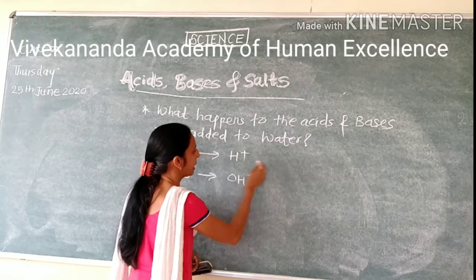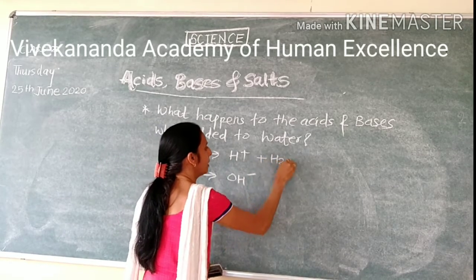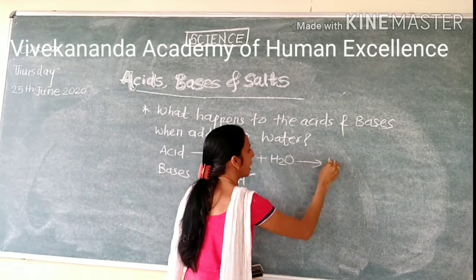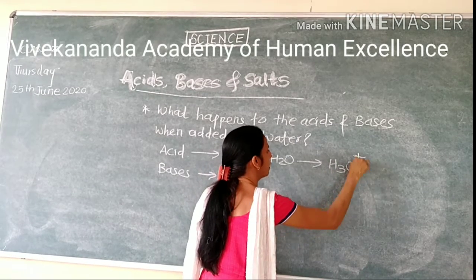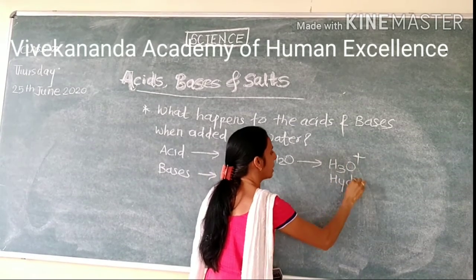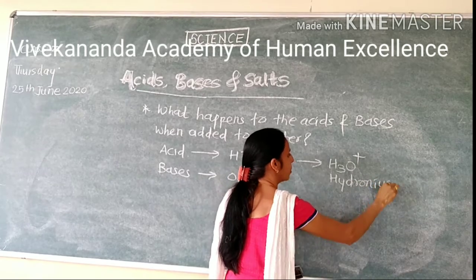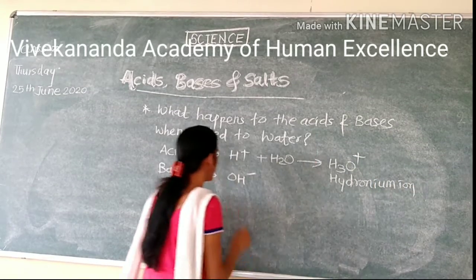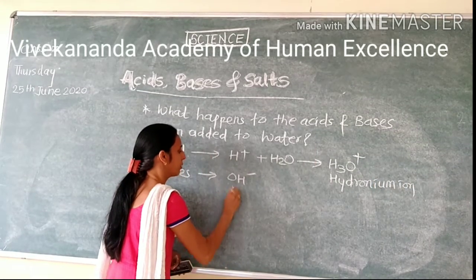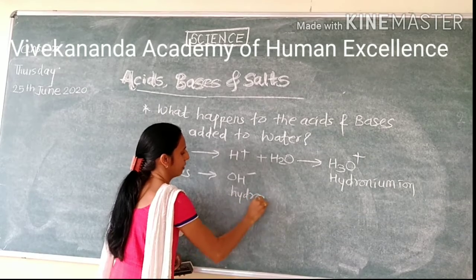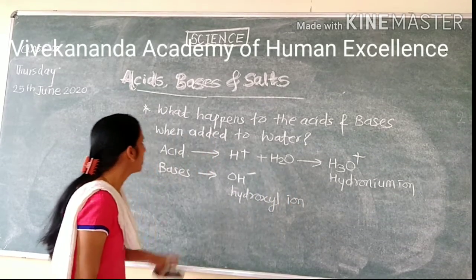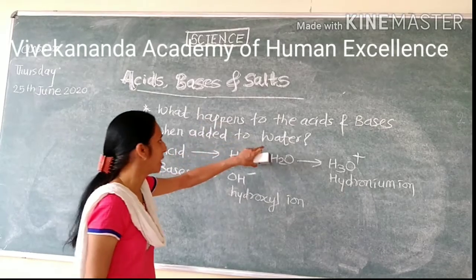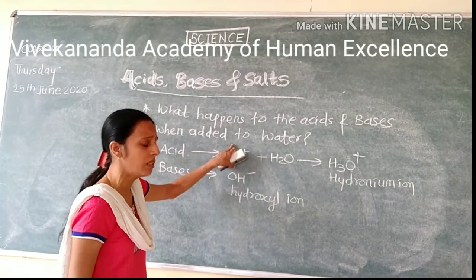When added into the water, H plus forms its hydrated form, H3O plus, called the hydronium ion, and this is called the hydroxyl ion.